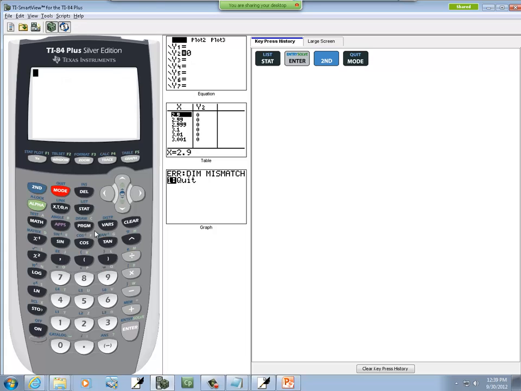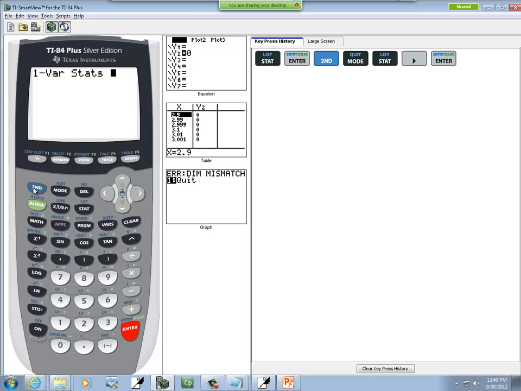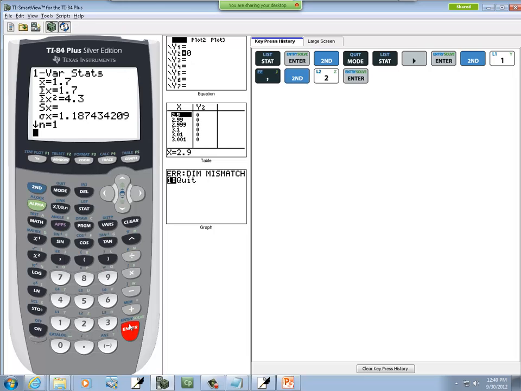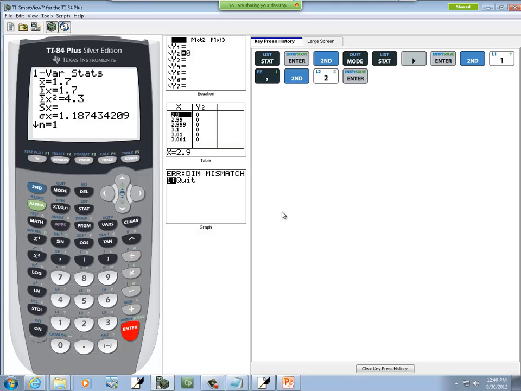I'll do stat, right arrow to calc, and I will choose one-var stats. And I'll do second 1, comma, second 2. And then press enter. Now the sigma x down here is our standard deviation, which is 1.19, which is what we came up with by hand. And then our mean again is the 1.7 up here. So one-var stats actually gives you both of them.